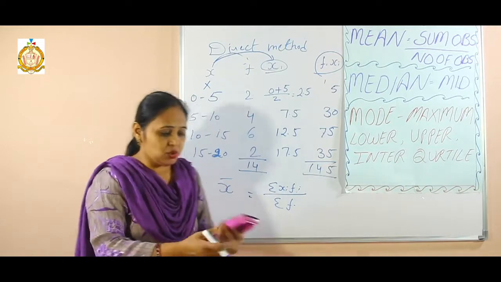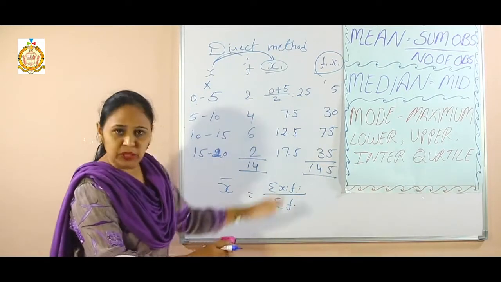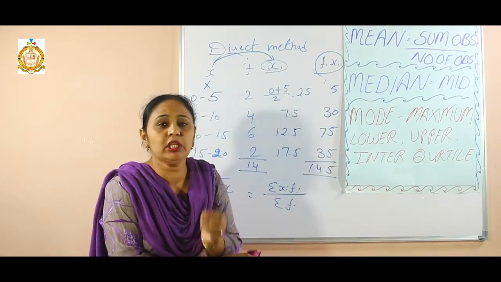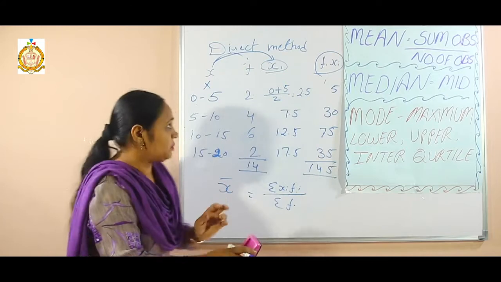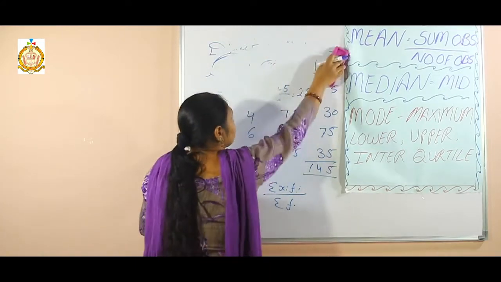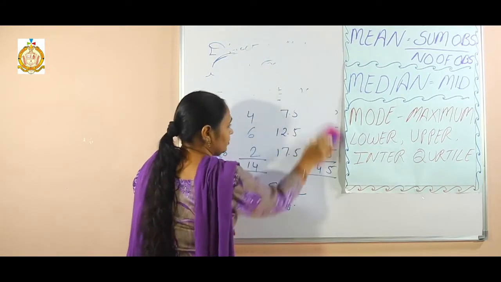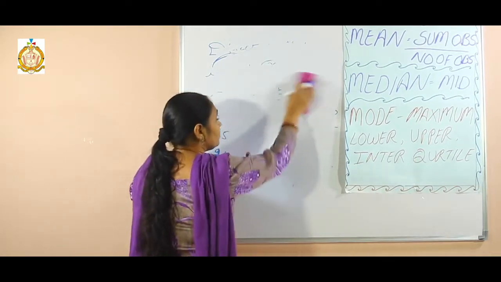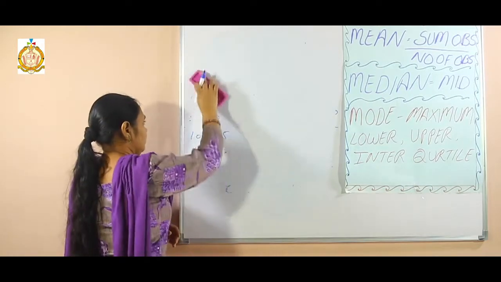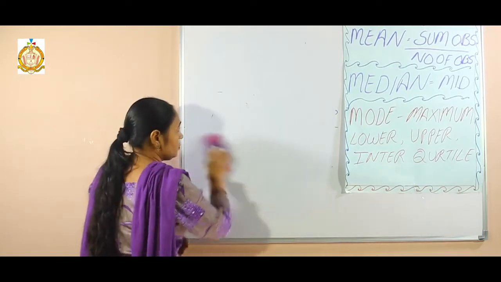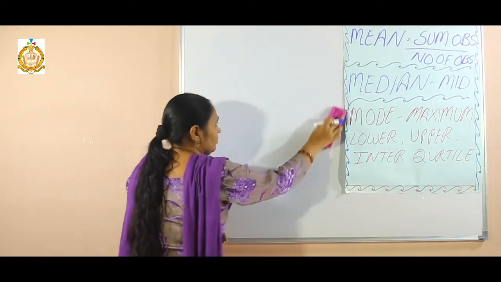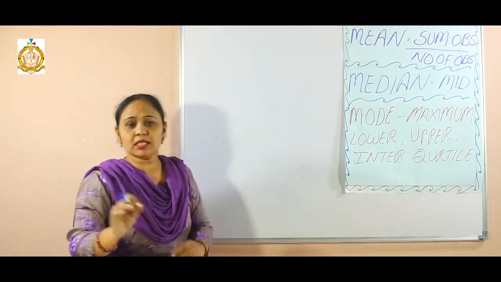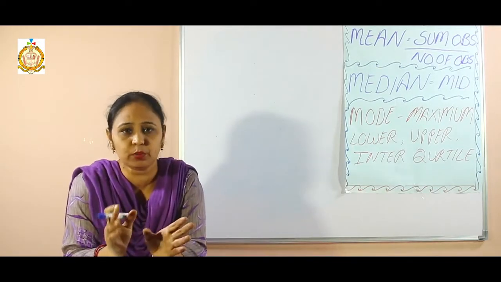Now, if I want to find the mean by the second method, if we are asked by the assumed mean or the shortcut method, then how to do it? Now this assumed mean method I am using for grouped data.